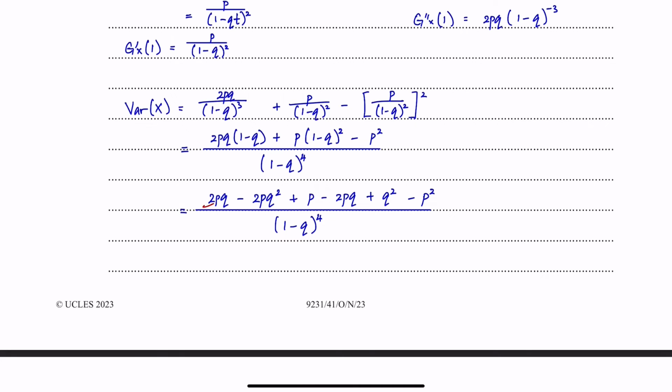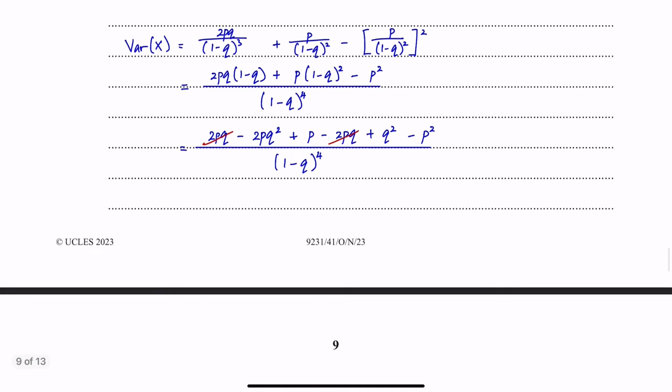So we can cancel off these two terms, and we have p minus p squared minus pq squared over 1 minus q to the 4.